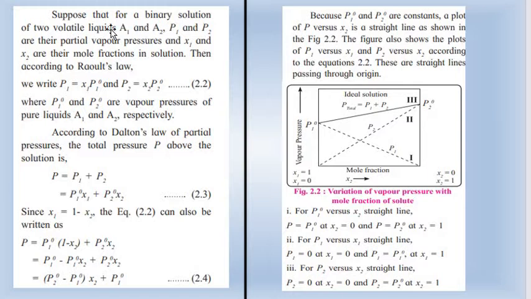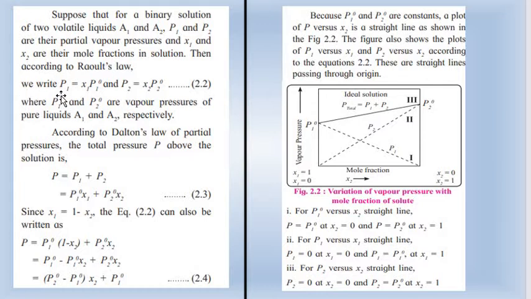Suppose we have one binary solution, and in the binary solution we have two volatile liquids, A1 and A2. Both liquids will have their partial pressures, which are P1 and P2, and their mole fractions are X1 and X2. According to Raoult's law, the partial vapor pressure of any volatile component of a solution is equal to the vapor pressure of its pure component multiplied by its mole fraction.